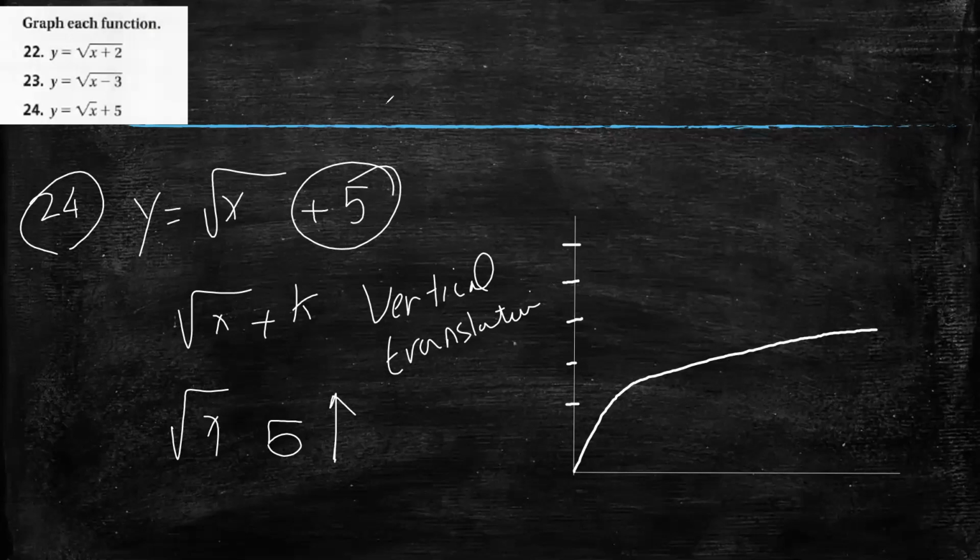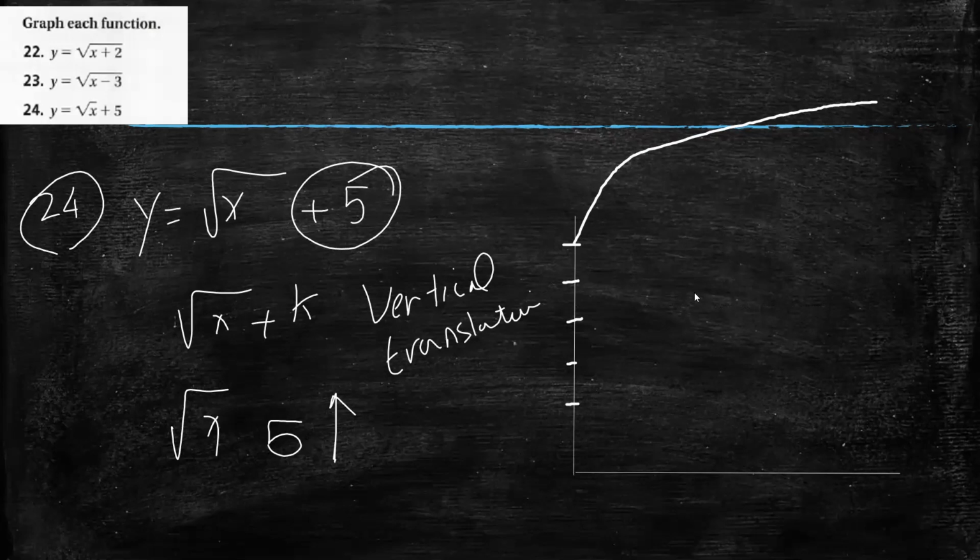So let's say 1, 2, 3, 4, 5. So this will be the square root of x plus 5. Is it clear? Yes, miss, it's clear, teacher. Okay.